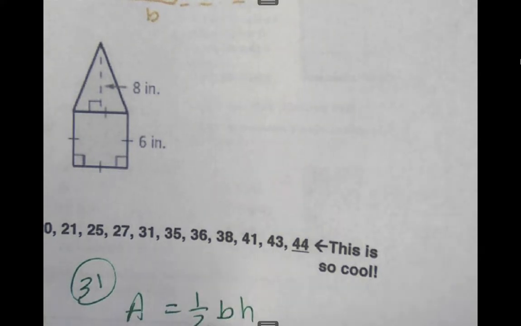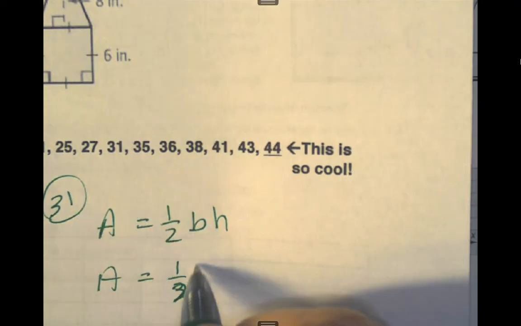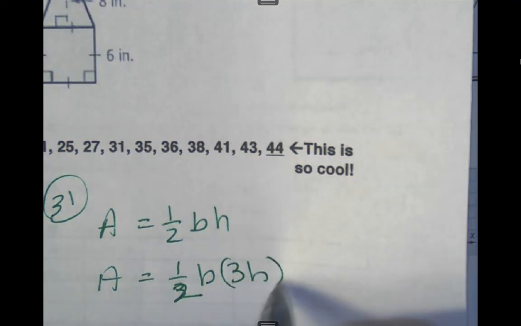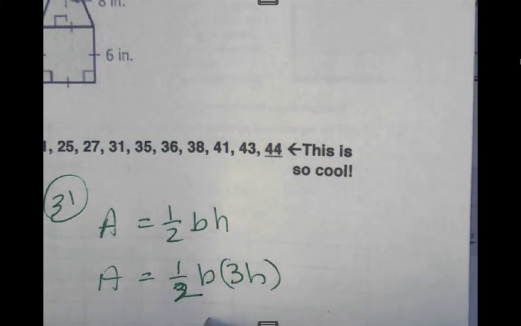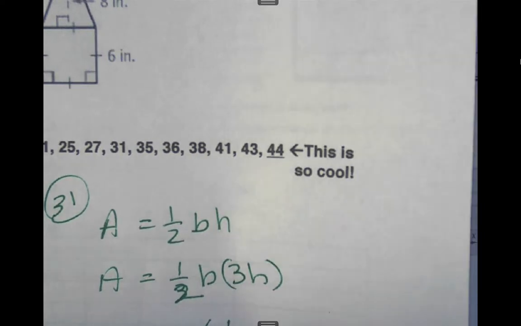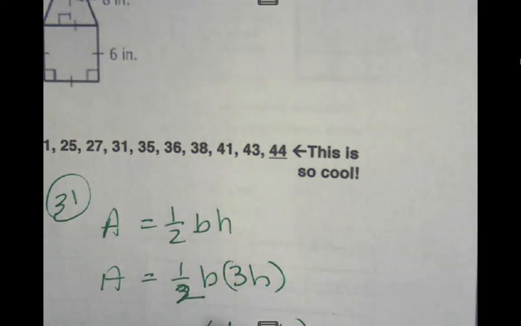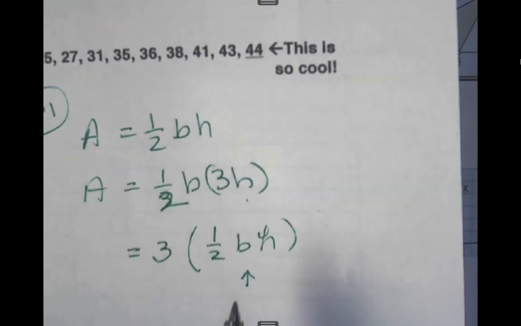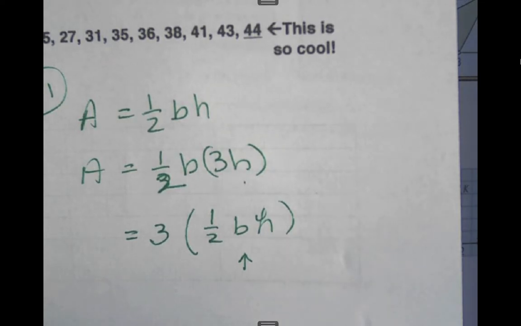What it's saying is that I am tripling the height, so it's like I have 3h. This is all just multiplication, so if I bring the 3 out front, this is just the formula for the area of a triangle right there. So basically, if I triple the height, then I've just tripled the area of the triangle, okay? When I triple one dimension, I've tripled the area of the triangle.